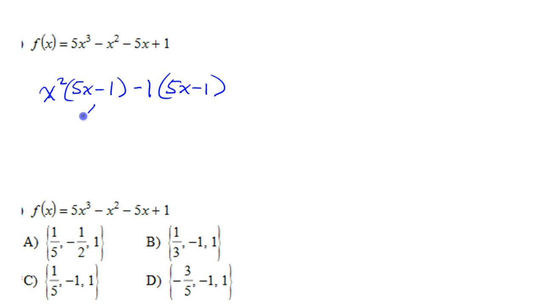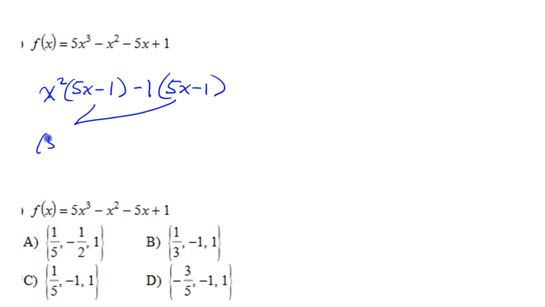So for grouping, you have to have the same thing twice. And I was sort of looking for that. I knew this grouping would work, because I see the 5 and the 1 here, I see the 5 and the 1 here. I see that repetition. That made me think that grouping would work. Now, the parentheses are common.